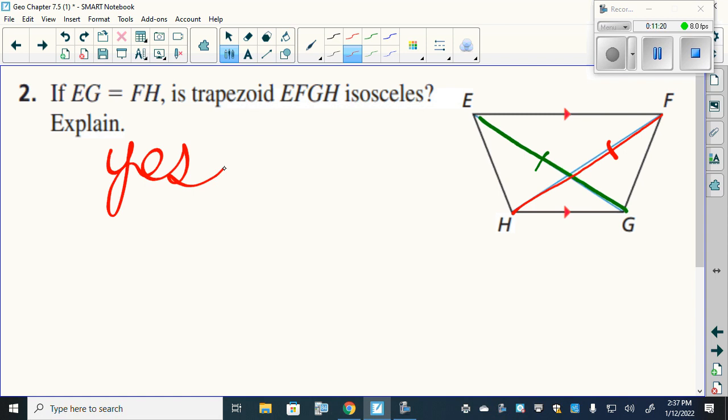Now, proving that this is isosceles is actually not that bad of a proof. But I have a feeling y'all would be more bored with it than enthralled. Because if we look at this here, we've already had that these two sides are congruent.